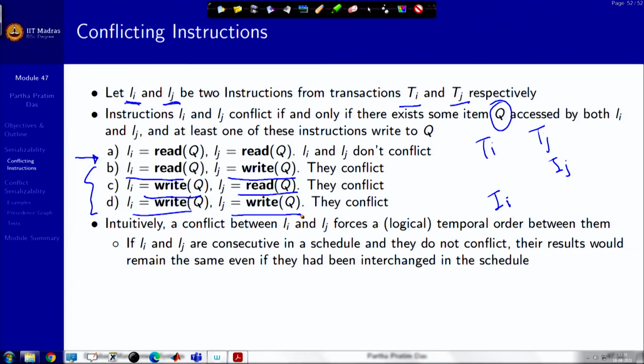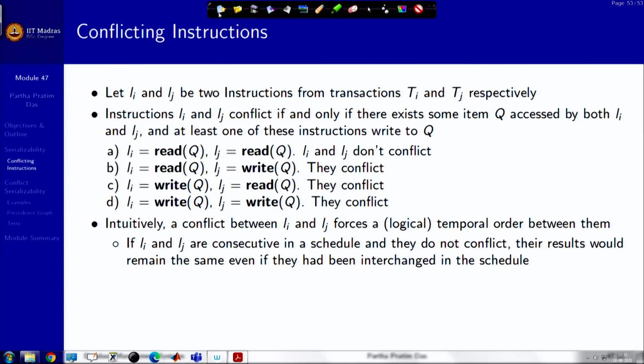And so, in a serial schedule, Ti Tj or Tj Ti, I will have either Ii going first before Ij or Ij going first before Ii, but I cannot mix them without having this conflict.